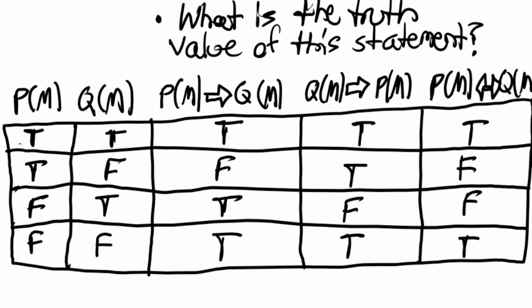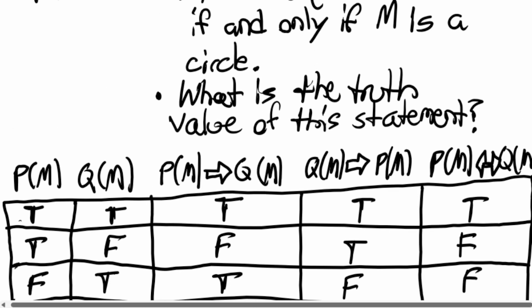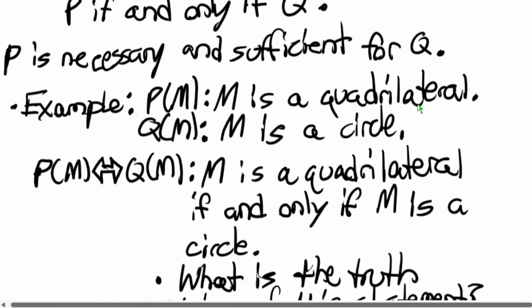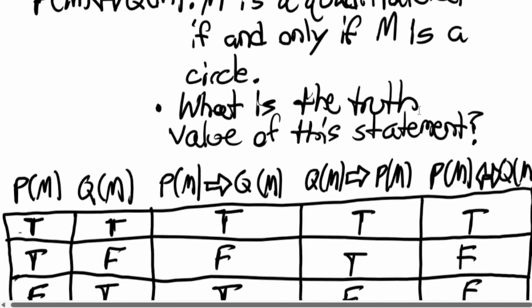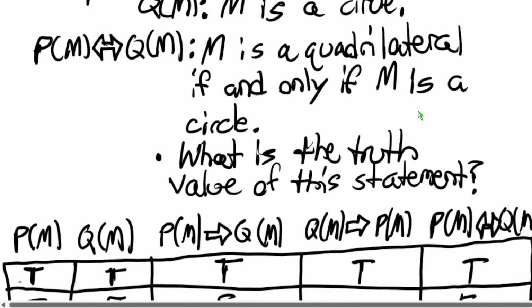Okay, so let's take a look at our statement up here. So we have M is a quadrilateral and M is a circle. However, when we look at our biconditional, M is a quadrilateral if and only if M is a circle.